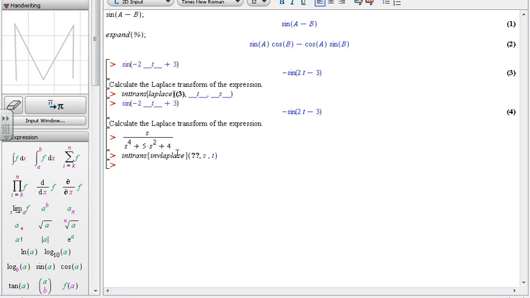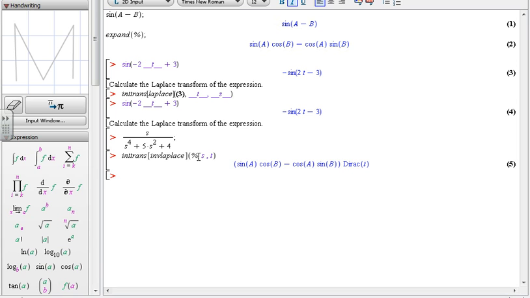Okay. And down here we'll put in a percent sign, meaning we want to use the equation above. Boom, right. Got the right thing.